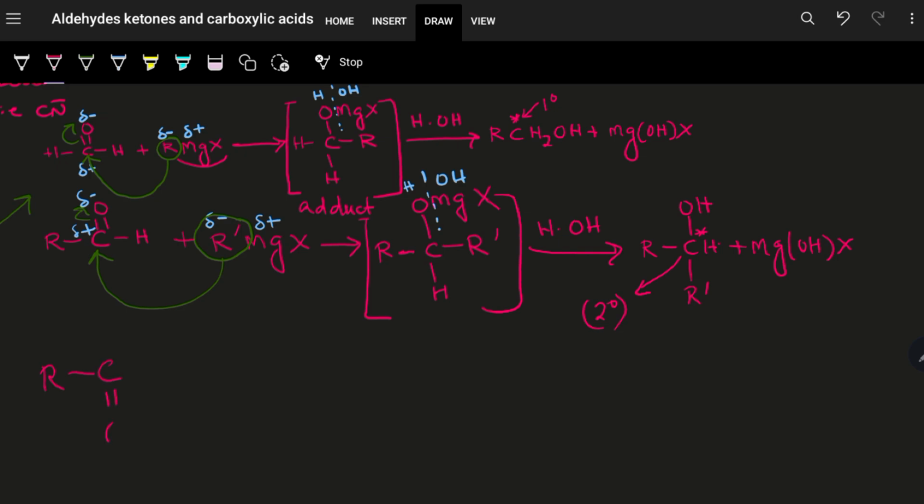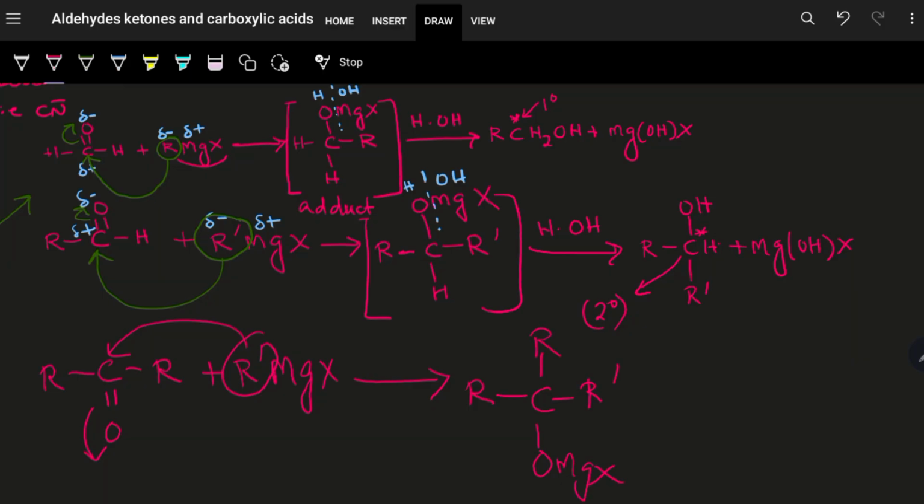Likewise, from ketone, you will get a 3 degree alcohol. By the same method, R dash attacking, oxygen opening up. So you have RC, oxygen holding MgX. There was an R, there is another R dash.